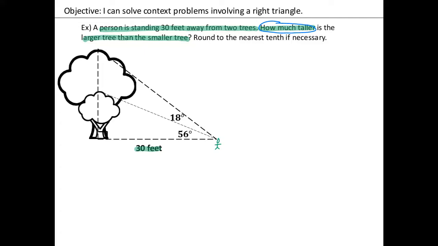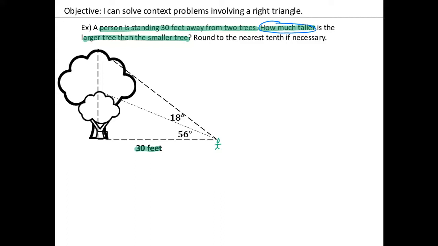So I want you to take a look at this question and think about how we're going to solve this problem. Let's say you have a sibling. Not everybody here has siblings, but if you did, and I ask you how much taller are you than your sibling, how would you calculate that?